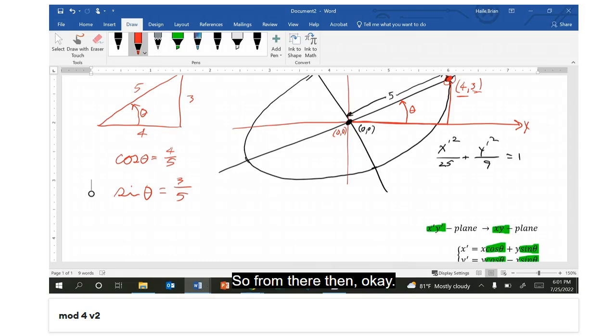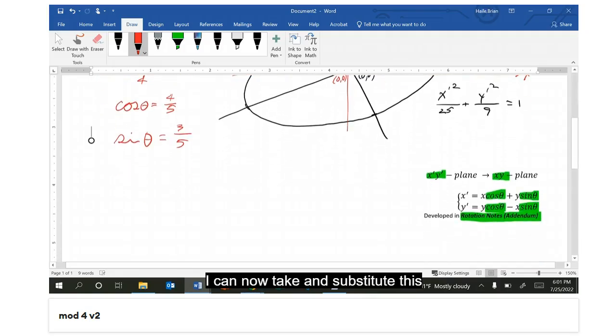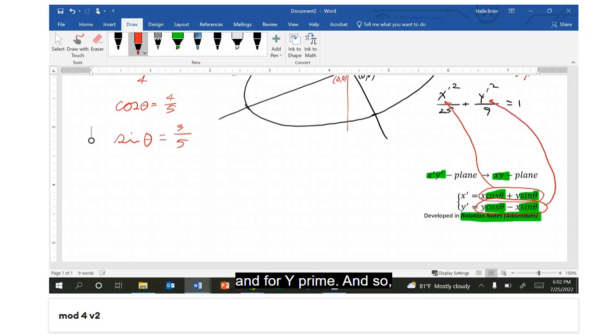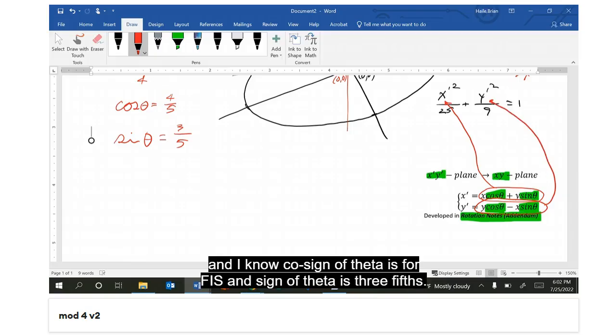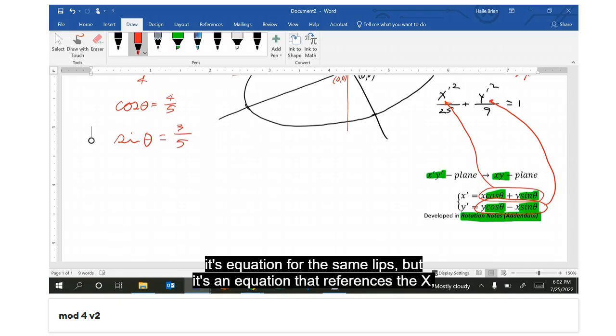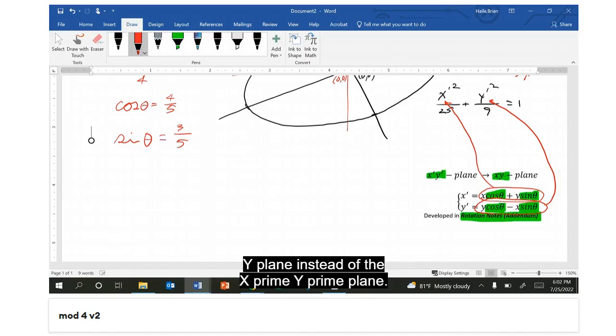So from there, I can now substitute this in for x prime, and I can substitute this in for y prime. And I know cosine of theta is 4/5 and sine of theta is 3/5. So I'll have this set of equations now that I'm developing. Same ellipse, so it's the equation for the same ellipse, but it's an equation that references the xy plane instead of the x prime y prime plane.